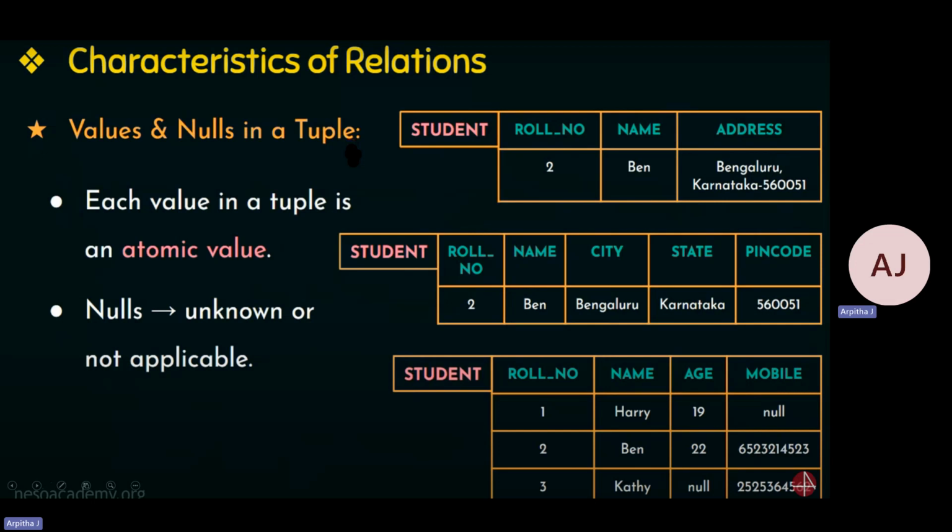But when you are designing it, each value in the tuple is going to be of atomic type. That means it cannot be further divided. So when you are creating a relation, in the above example you have student, roll number, name, address. But usually you will not have only one address.